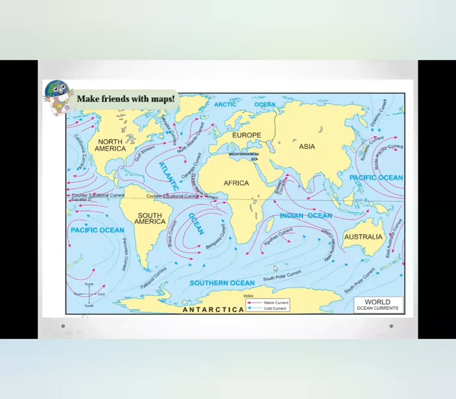Now, the red lines are the hot air. You can all see these red lines. These red lines mean the hot current, the hot air, which comes out from the continental areas.